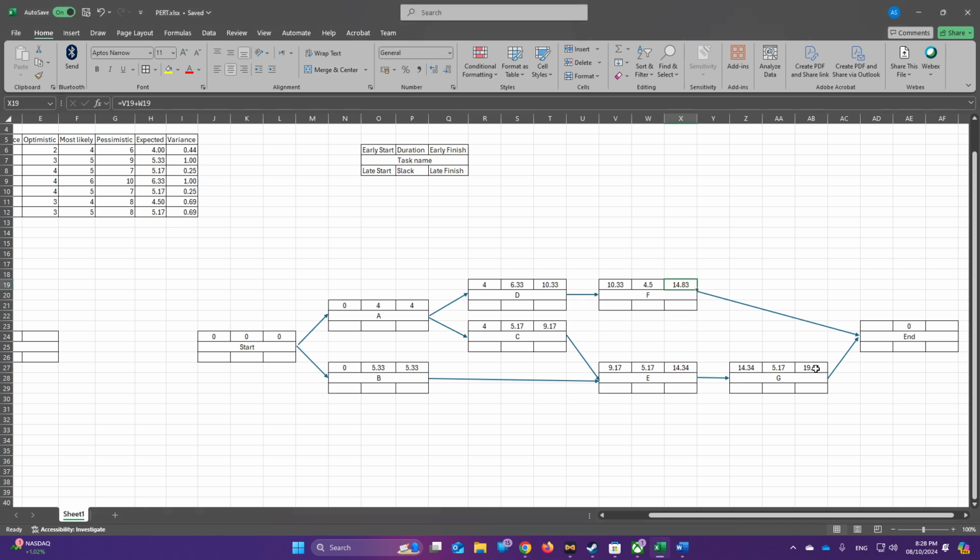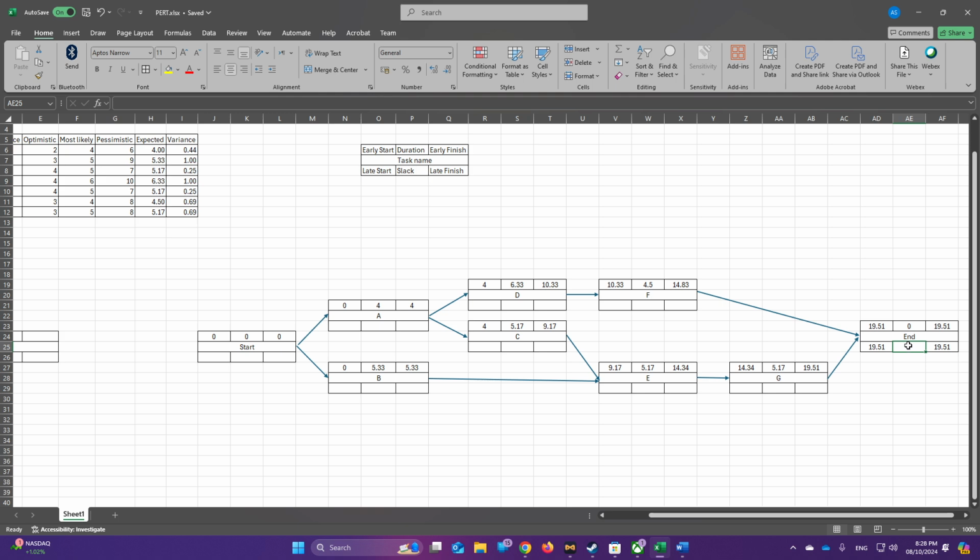As you can see here in the end, we have both values, and we will take the maximum, which is 19.51. Now we finished the first part. We need to go backward. For the ending, you will realize that it will be the same value that you put for early finish. So here we put 19.51.